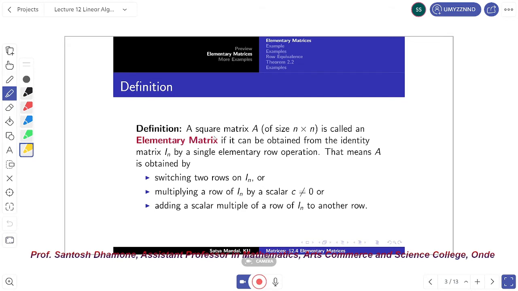This definition tells you a square matrix A is called an elementary matrix if it can be obtained from the identity matrix In.